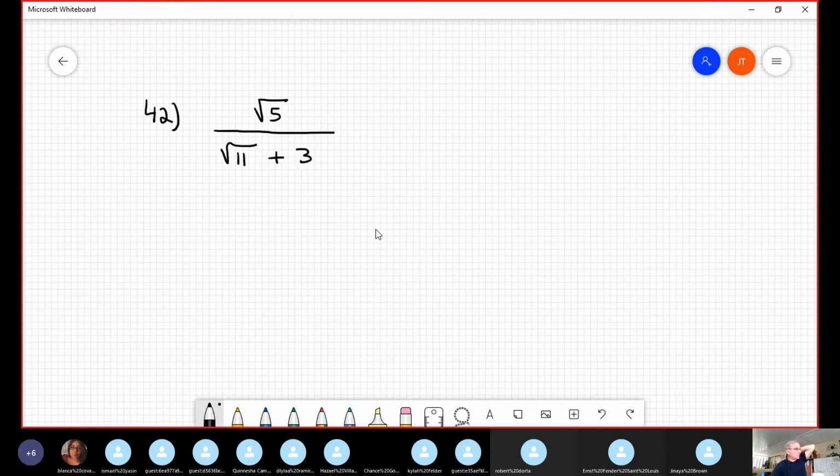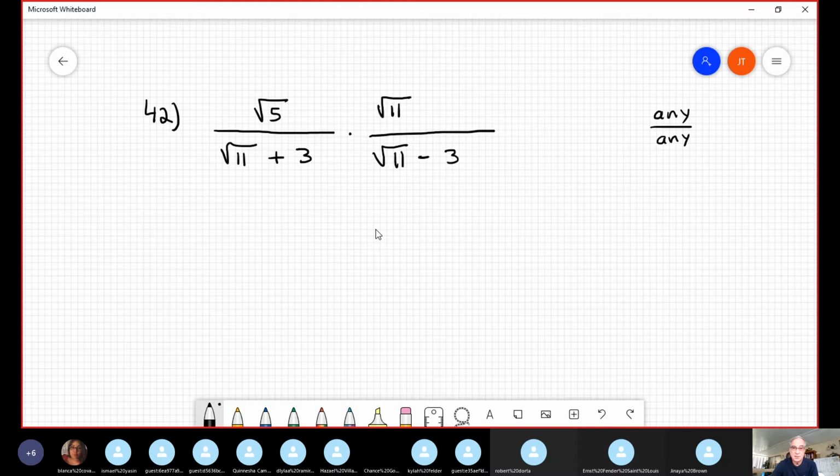And the question says, rationalize the denominator. Assume all variables represent positive real numbers and the denominator is not zero. Okay. Remember, what is the strategy? You create a smart one. And the smart one is a fraction, any over any. It's formed by radical 11, exactly the same, but the conjugate, minus 3.